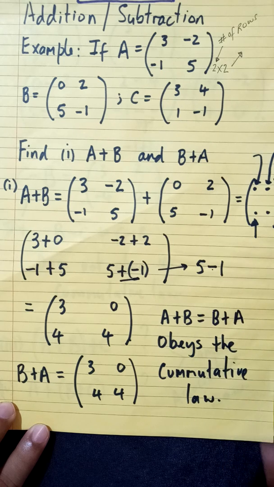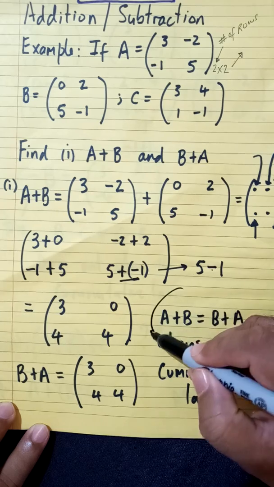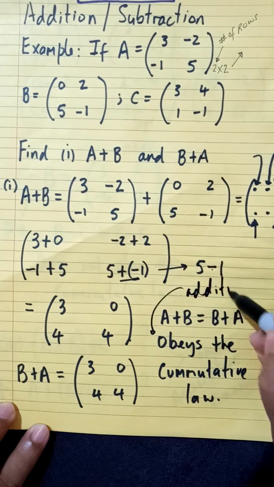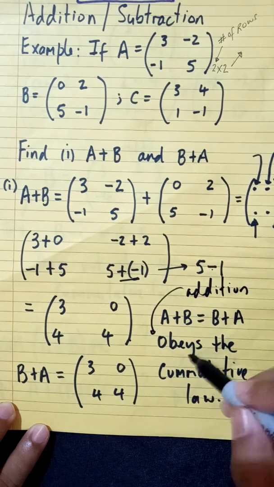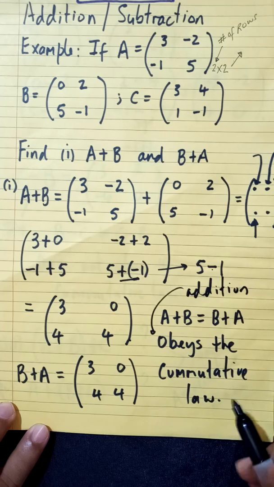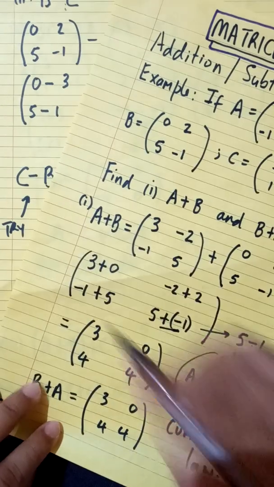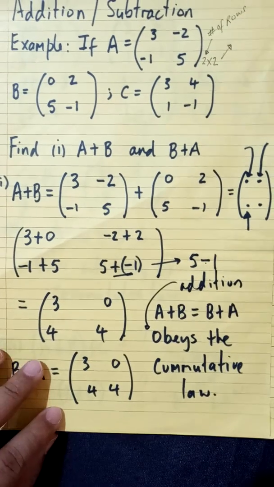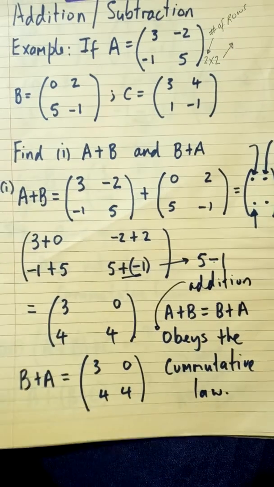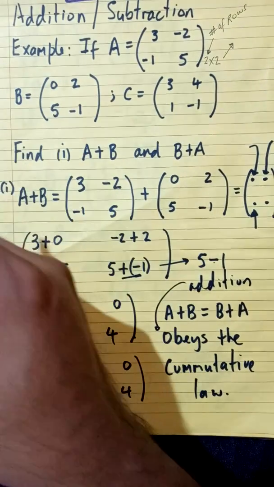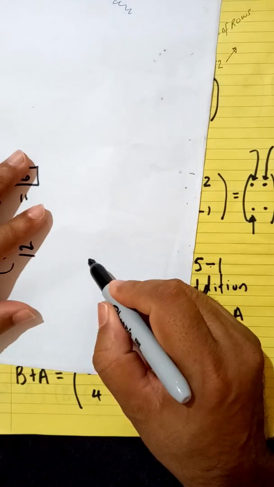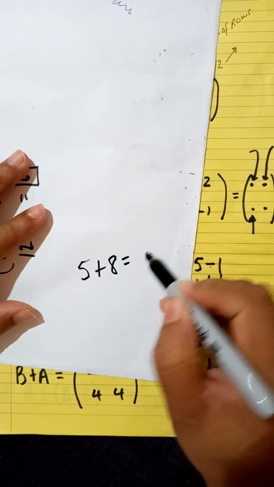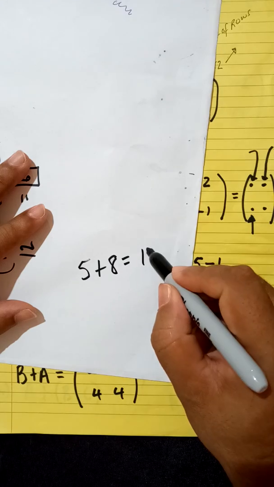In other words, the addition of matrices obeys what we call the commutative law. Just like, for example, we have 5 plus 8, which is 13.